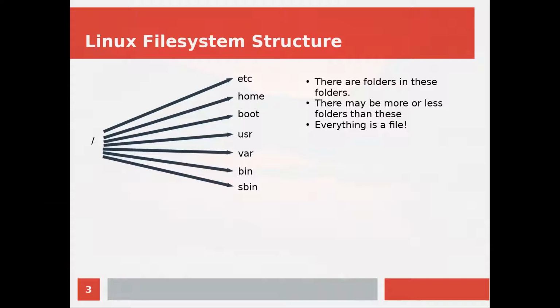/bin and /sbin stand for binaries. So that means bin is just binary storage, and sbin is system binary storage. Binaries are basically things that you want to run. Like on Windows, you might see a .exe file. In Linux, since everything is a file, any executable file that will run is a binary.